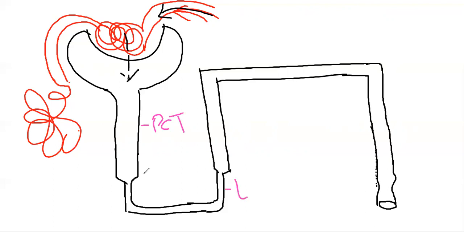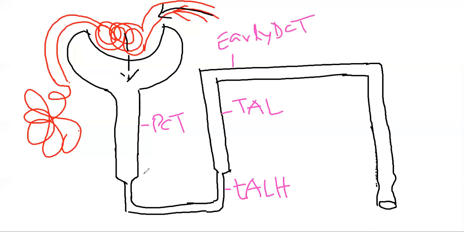Then here is the thin ascending limb of the loop of Henle, and here the thick ascending limb of the loop of Henle. Here is the early part of the DCT, here the late part of the DCT, and here the collecting duct.